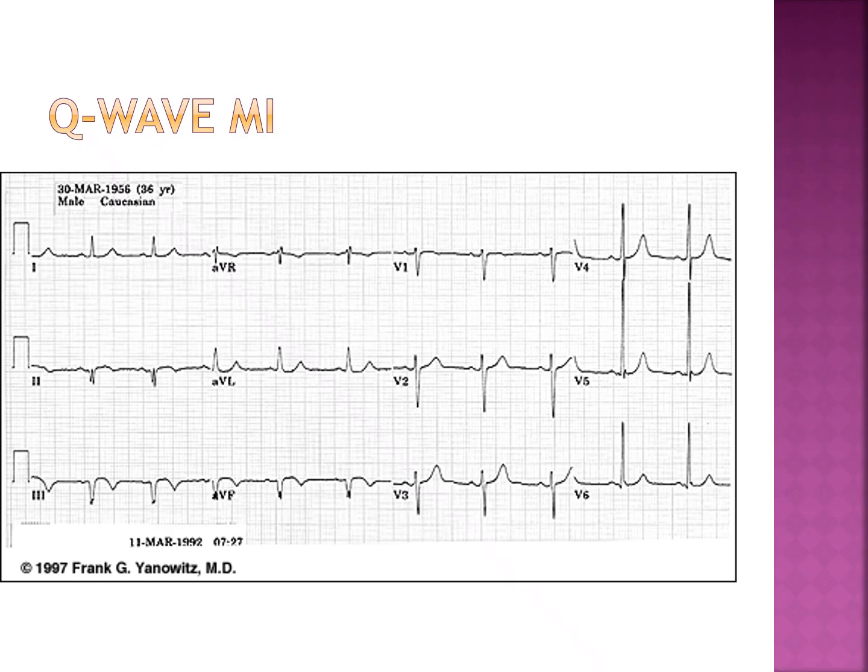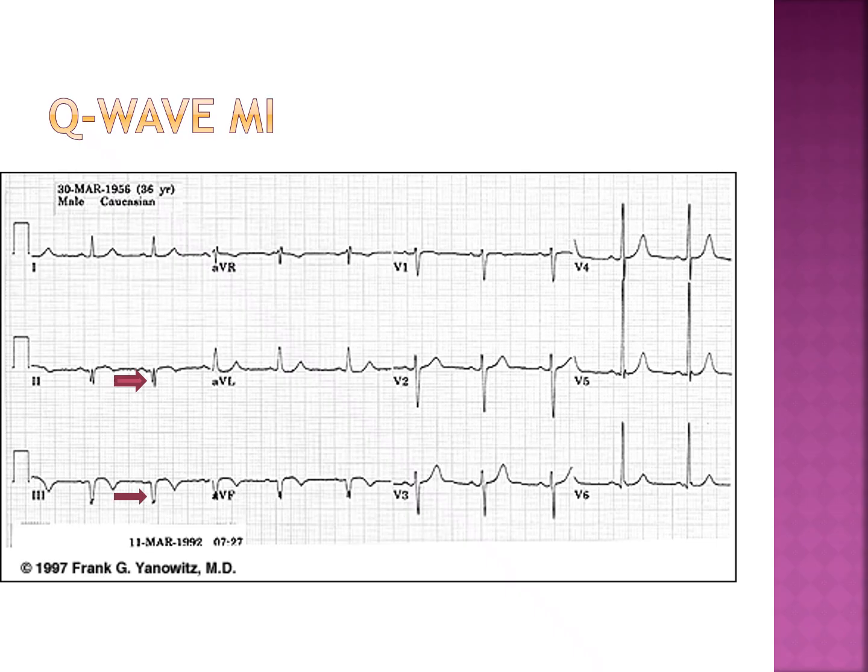If you look closely, the first thing I look at is AVR. Is my AVR positive or negative? As we can see, it's negative, so I'm good to go. Let's look at the rest of it. You see that little dip before the QRS complex, especially in our inferior leads, 2, 3, and AVF.